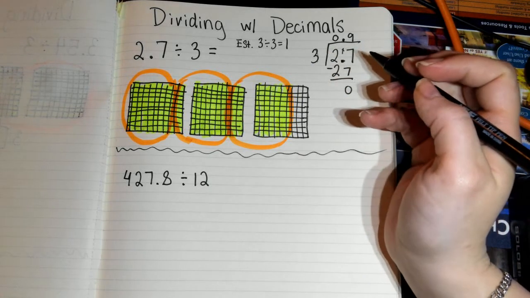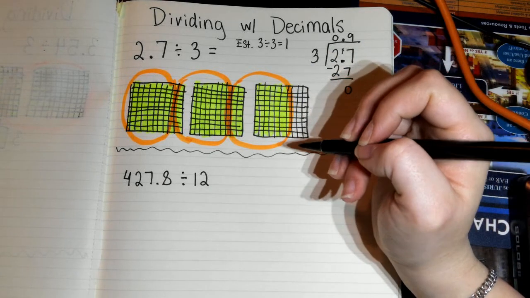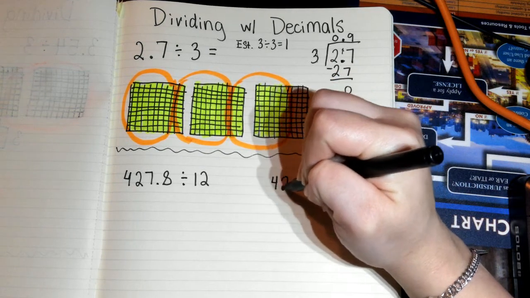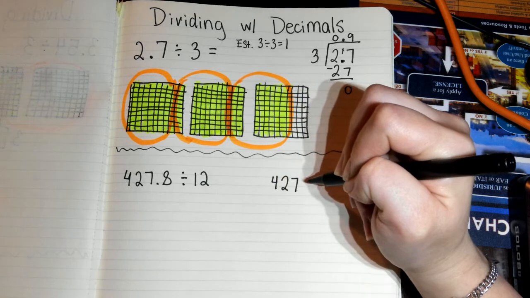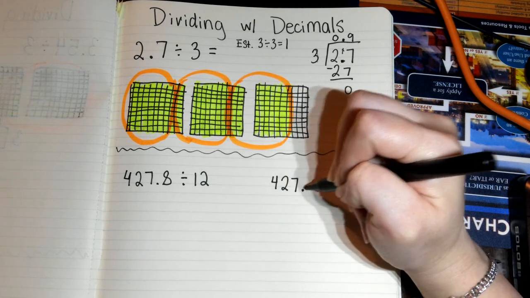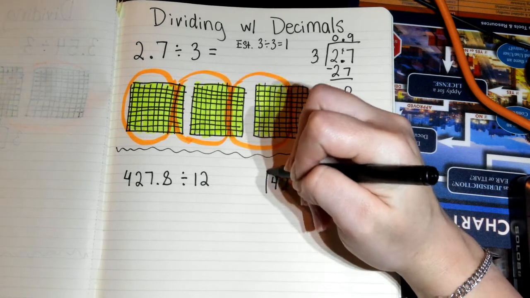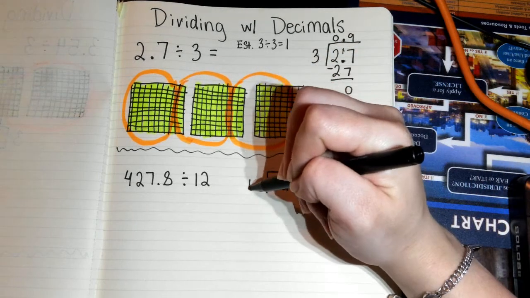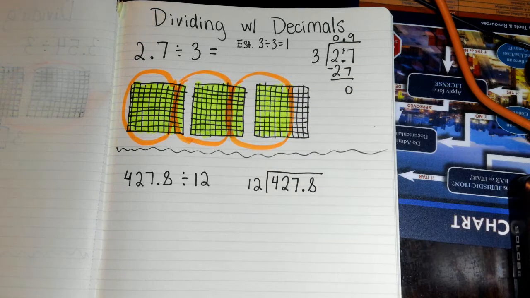So to solve this problem, you're going to set it up like a long division problem. You're going to put the dividend inside of the box. 427.8 goes inside the box because it's the dividend. And 12, the divisor, goes outside.